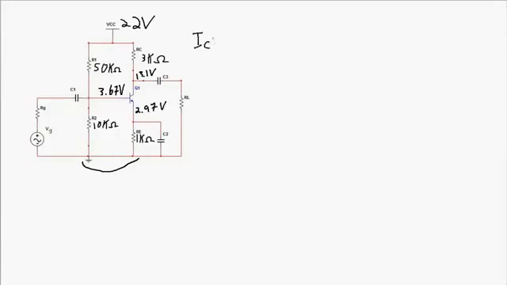The collector current and the emitter current are about the same value, at 2.97 milliamps, and the voltage between the collector and the emitter is about 10.13 volts.